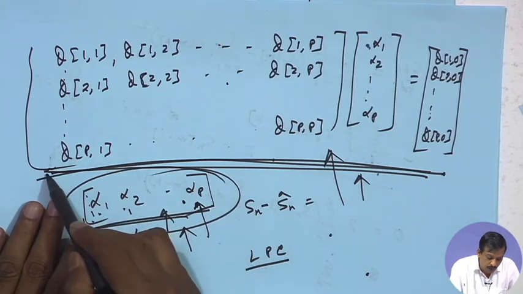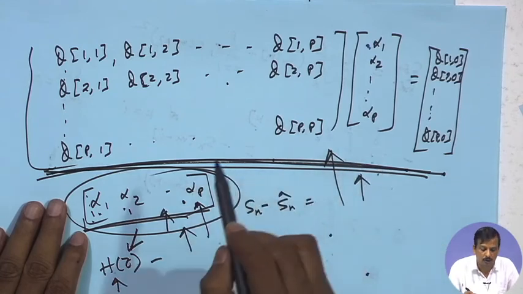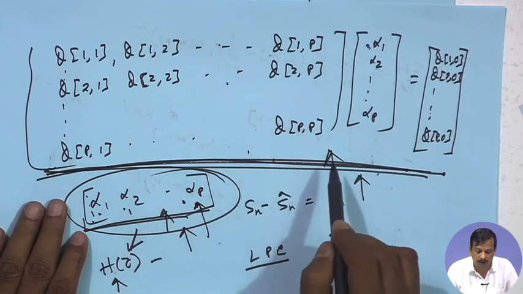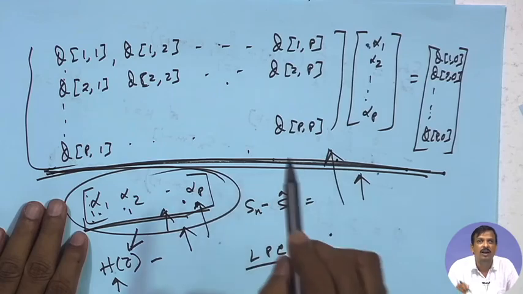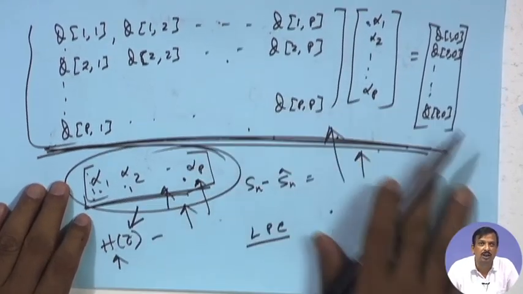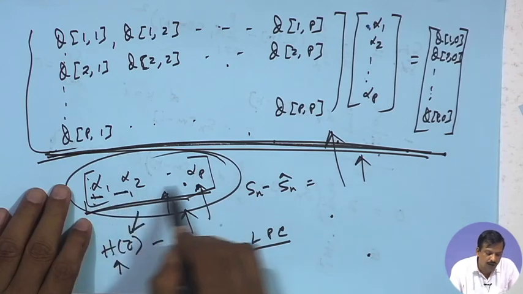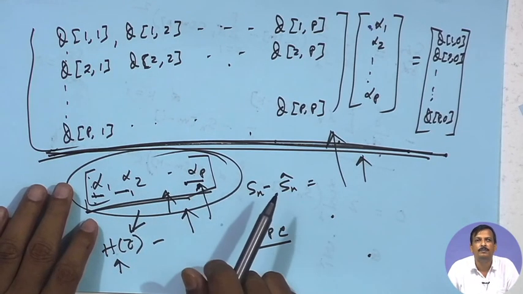First we will discuss the autocorrelation method. There are three kinds of methods: the autocorrelation method, the covariance method, and another one called the lattice filter method. Using those three methods, I will try to estimate the values of alpha 1, alpha 2 and alpha p. Okay? So, next class we will do that. Okay? Thank you.